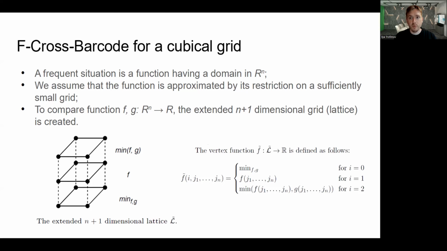And to compare two functions having the common domain, we create the extended n+1 dimensional grid, or sometimes it is called a lattice. And the values of the vertex function in nodes of this extended grid are defined as you can see on this slide.